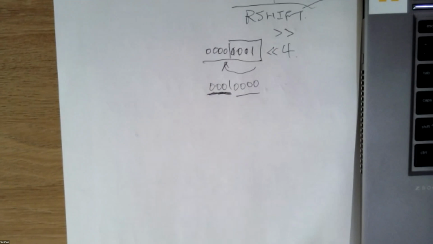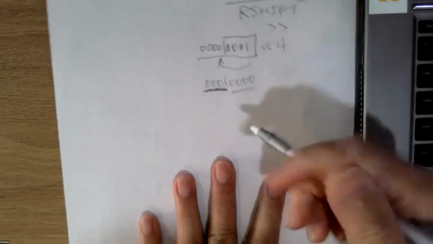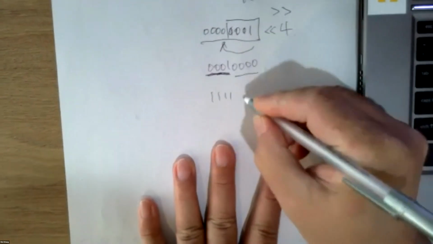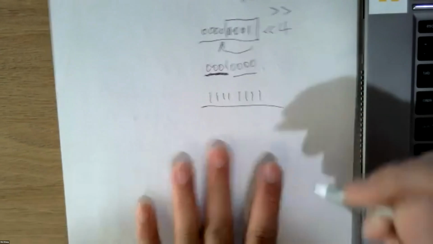Even if you're dealing with the circular shift, the result is also this, because when you move these 4 bits to the end here, you get the same result in this case. But if you are dealing with -1, -1 would be 1 1 1 1 1 1 1 1.